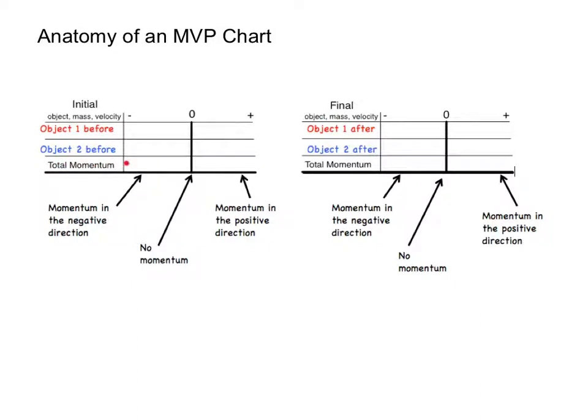The last row is always about the total momentum in the system. If there are no impulses acting on the system, so there are no outside forces, these 2 total momentums will be equal to each other. So what we're going to do here is draw bars that will illustrate the momentum of each object. The left side is for the negative, the right side is positive, and the line here just represents 0.